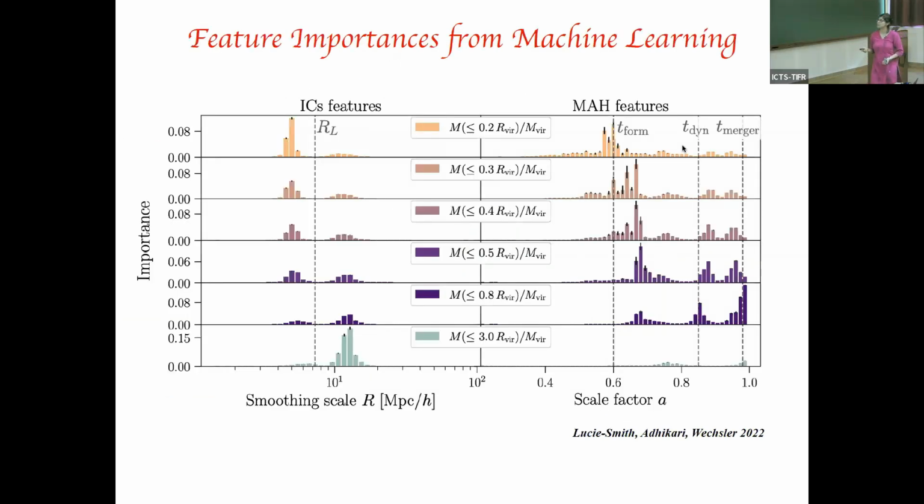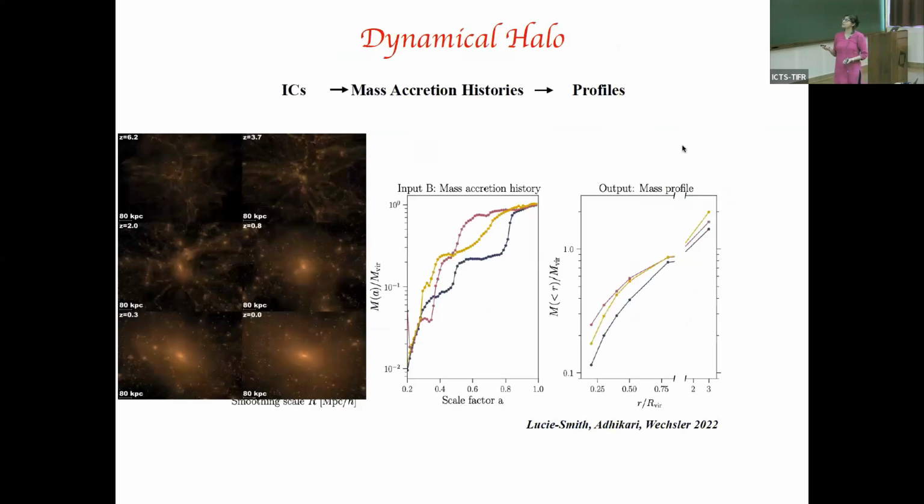So one of the studies that we've been doing is to understand the mapping from the initial conditions to the final halo profiles, going through the mass accretion histories of the halo.